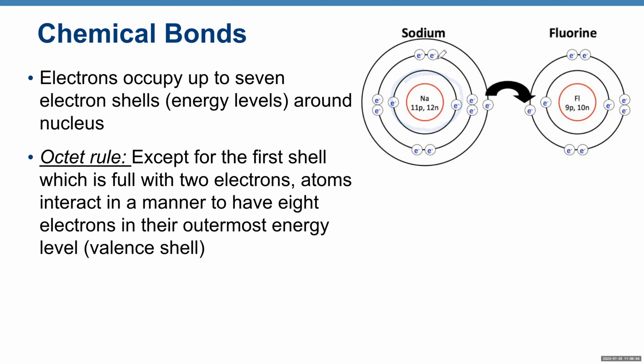And all other levels must have 8 electrons to be stable. We call it the octet rule. Except for the first shell, which is full with 2 electrons, atoms interact in a manner to have 8 electrons in their outermost energy level that is called a valence shell, right? So now everything makes sense.